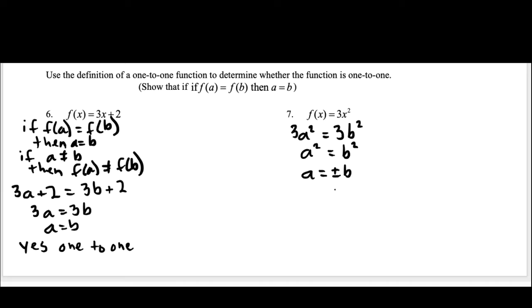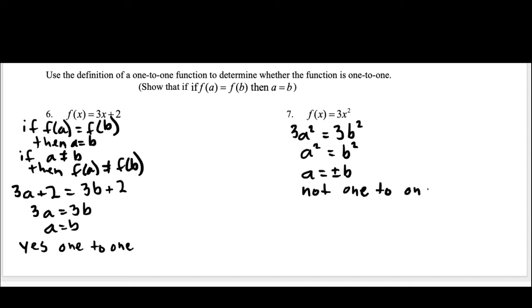There's two roots. So we've got A equals B, but we also have A equals negative B. So it does not simplify down into this exact statement A equals B. So this one is not one-to-one.